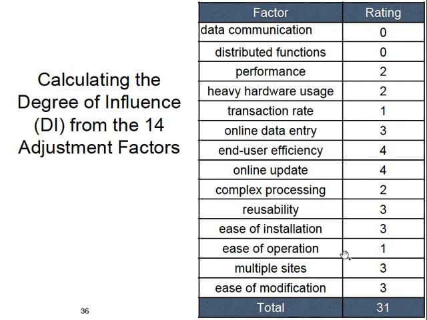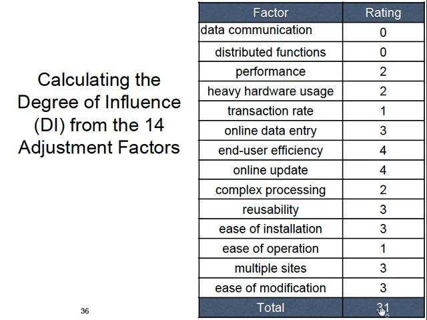I guess this adjustment part is where subjectivity comes in. There may be a small variation of subjectiveness, but it's still not too bad, because this is from the user requirements, right? Whether performance is important, or whether it is necessary to make it easy to operate, easy to install. If it's multi-site, then of course it can be higher.